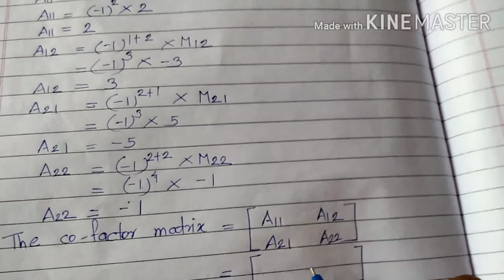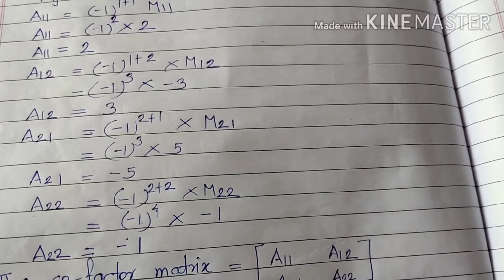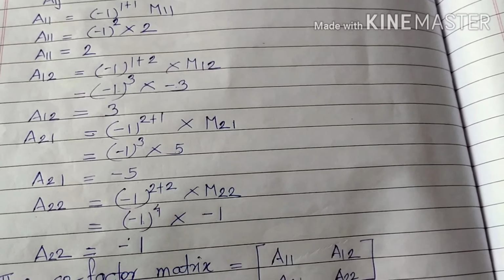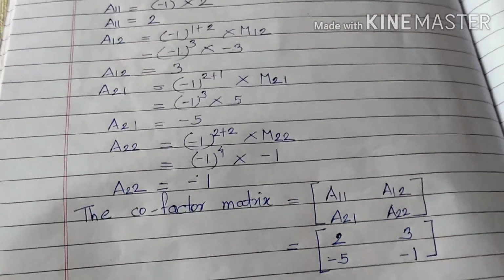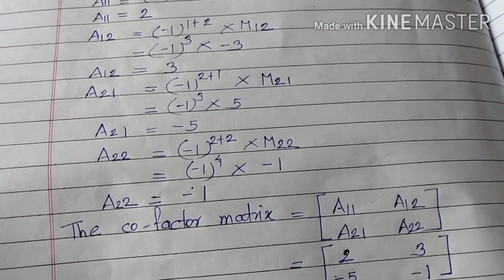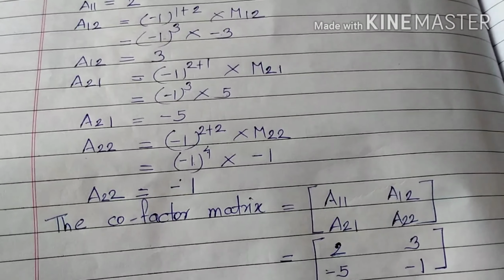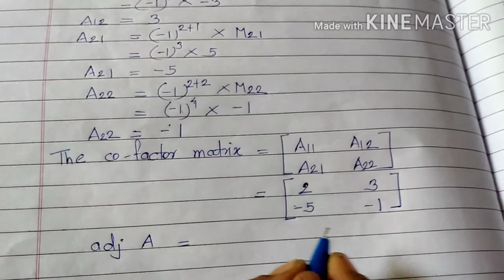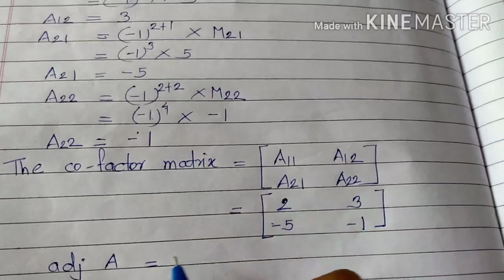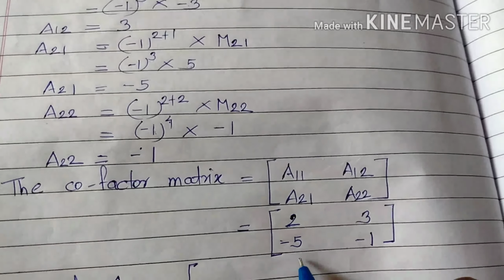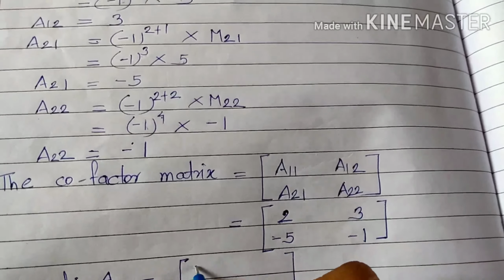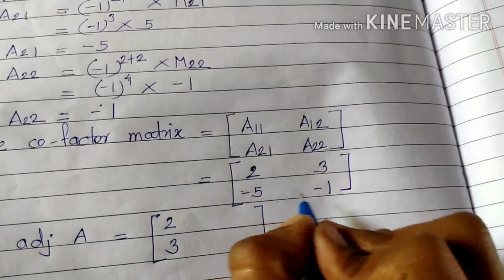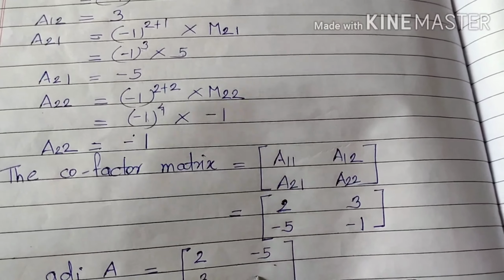Write all those values. Now we have to find adjoint matrix. So adjoint matrix is transpose of cofactor matrix, meaning interchanging rows and columns. So this row becomes a column, and this row also becomes a column.